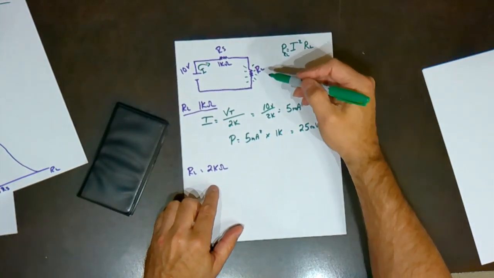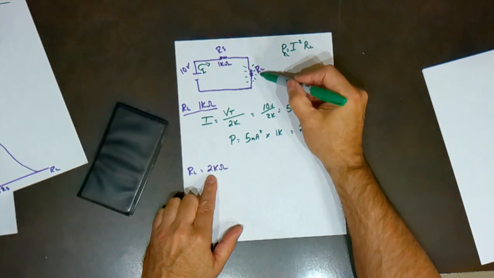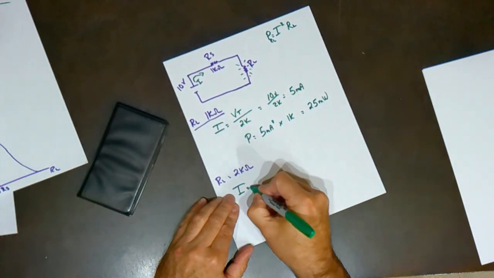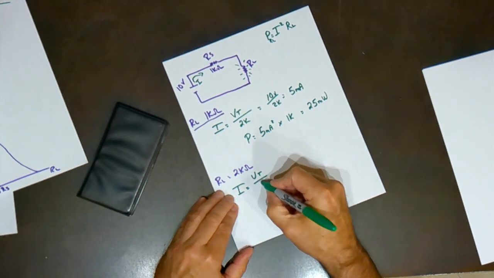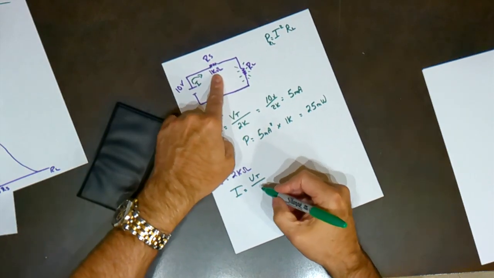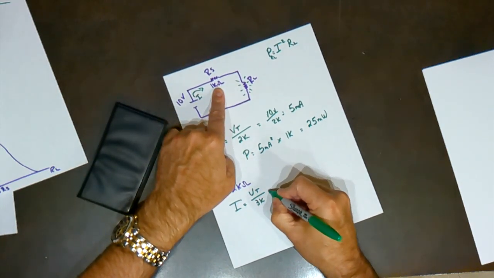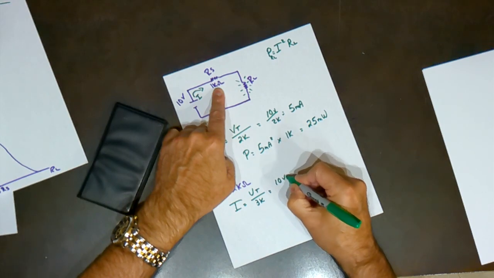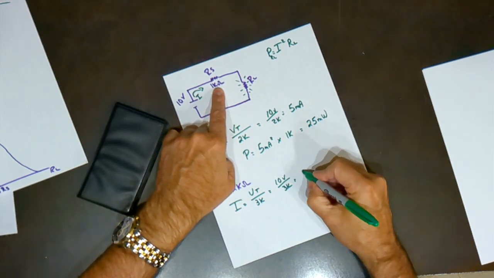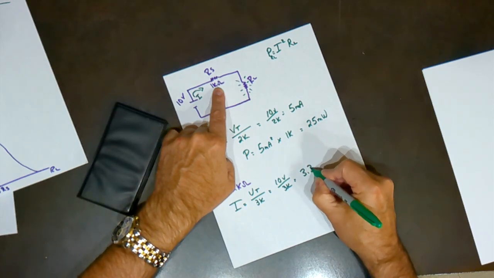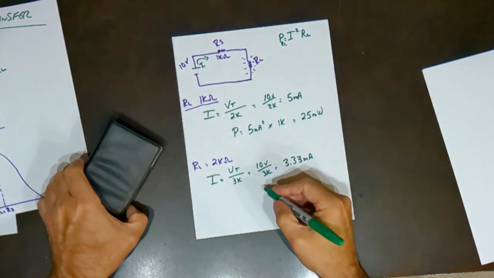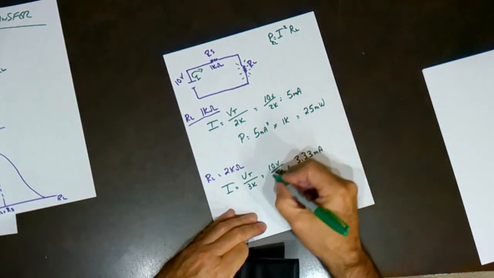Now what we're going to do is swap out this 2K resistor here, and we'll do the same math. So I is equal to V total divided by R total, and now the R total is 2K plus 1K, so that's 3K. So that's 10 divided by 3K, and that gives us 3.33 milliamps. Now I'm going to apply this formula.